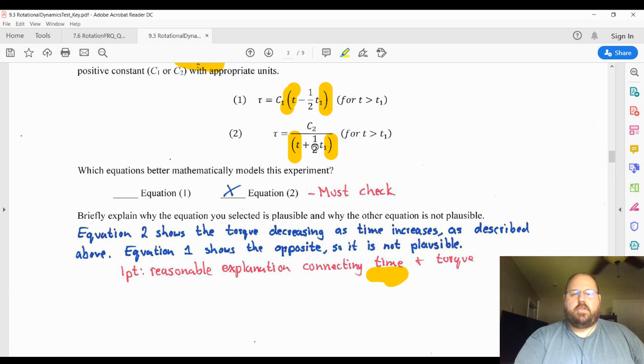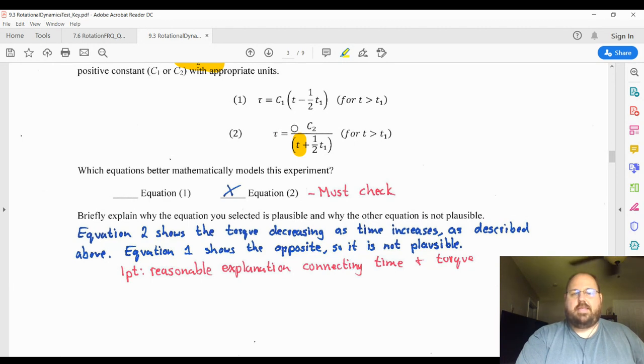So if you look at equation 2, as t gets bigger, like t being the variable t, as we go along the x-axis, 1 over something getting bigger would indicate it getting smaller. So in this equation, as that gets bigger, 1 over that would get smaller.